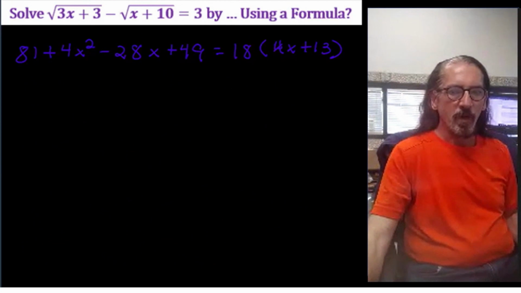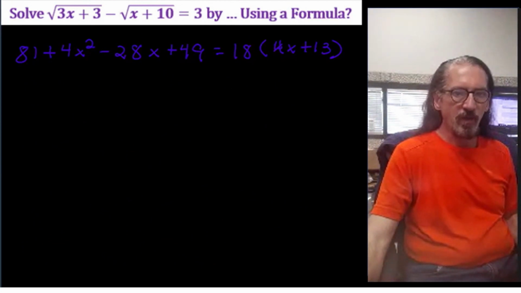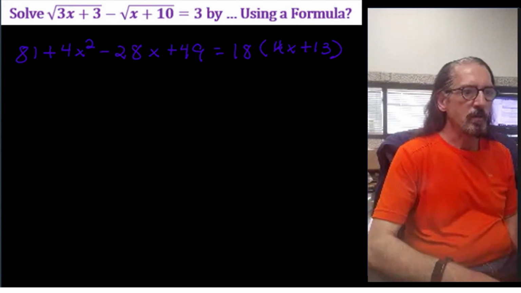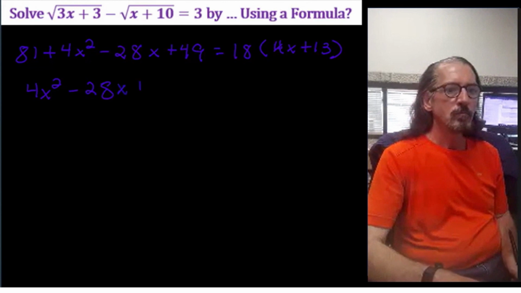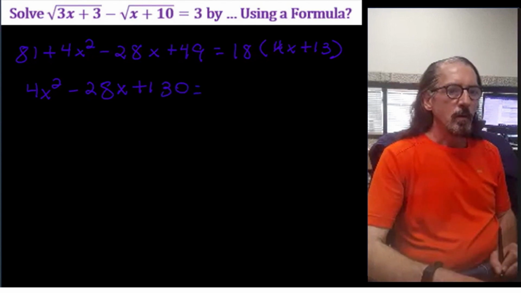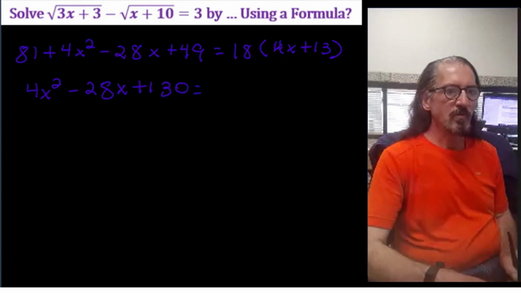All right, well, combining the like terms on the left-hand side, first of all, 81 plus 49 should be 130. 18 times 4, that's 72.